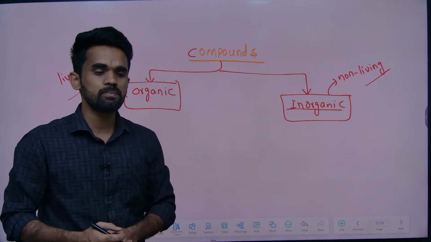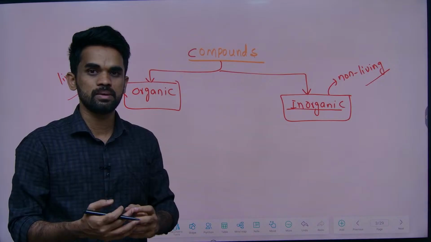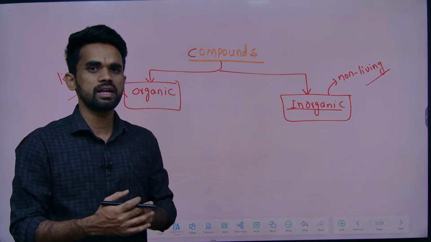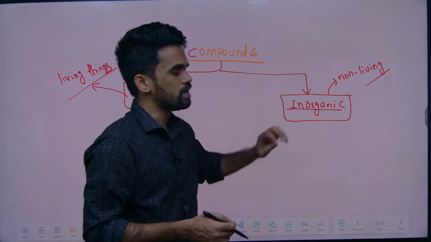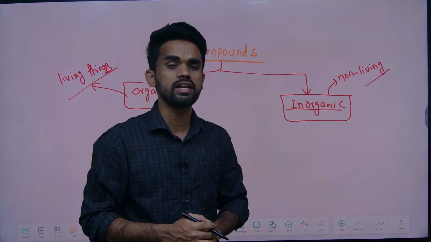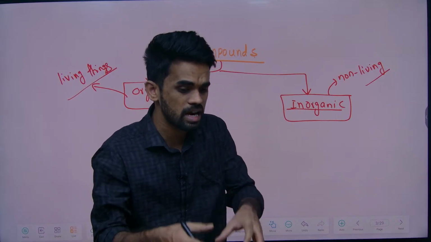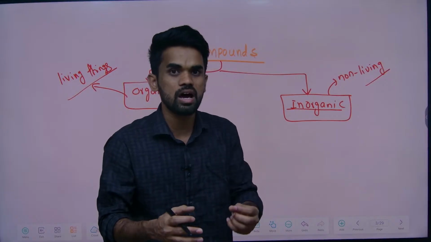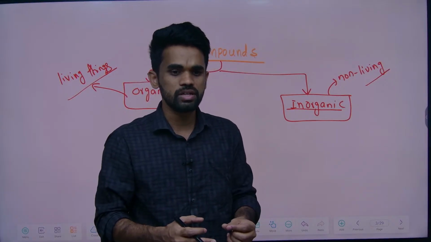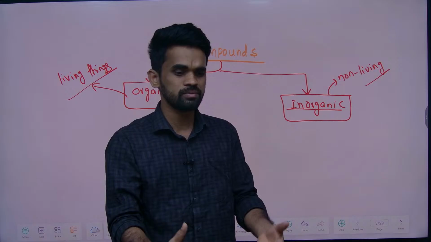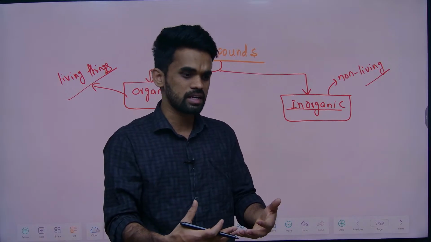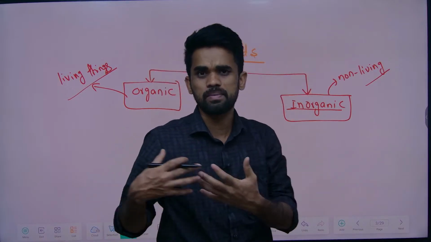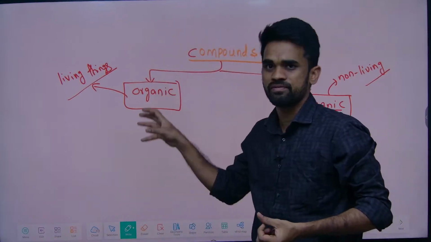For example, you have studied about ores and minerals. Ores and minerals all come under inorganic compounds. Why? Because they are extracted from the earth's crust, which is a non-living source. It does not have plants or animals, which have life.